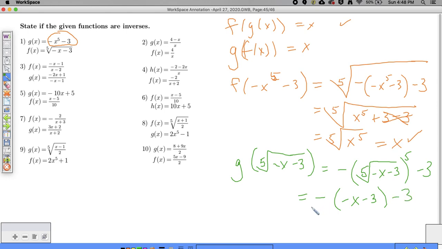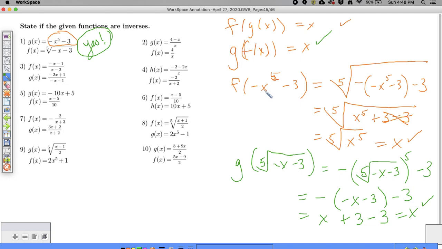Now we distribute that negative sign through, and this becomes x plus 3 minus 3, which is equal to x. And that also checks out, which is perfect. So for number 1, the answer is yes. They are inverses of each other, because we showed that going both ways, it totally and completely works out.